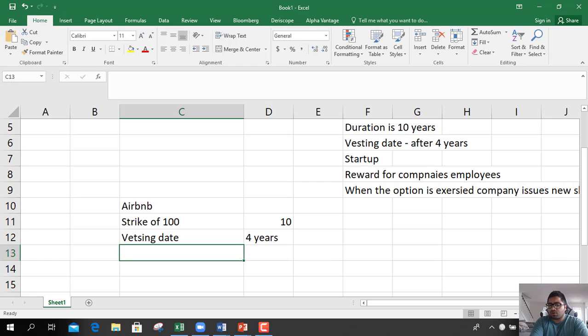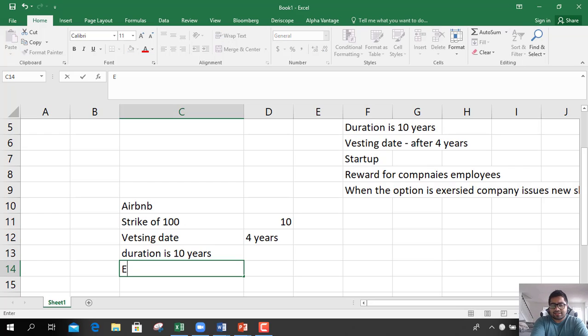I can exercise after 4 years and the duration is 10 years. So after 10 years, I have to exercise. I cannot keep them beyond 10 years, but from the start of vesting date to the end of the duration of the option, I can exercise them anytime.